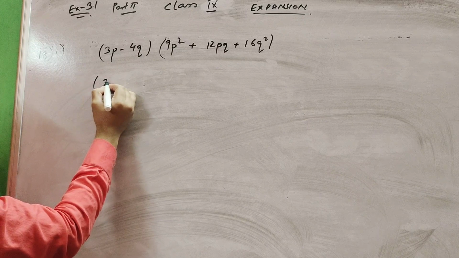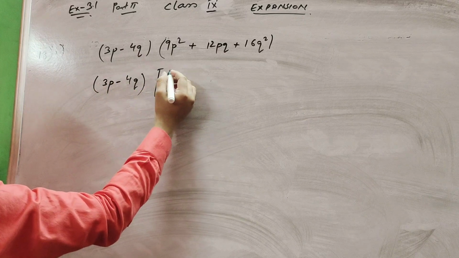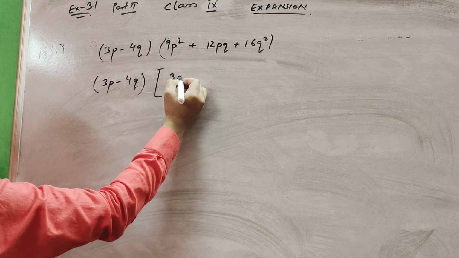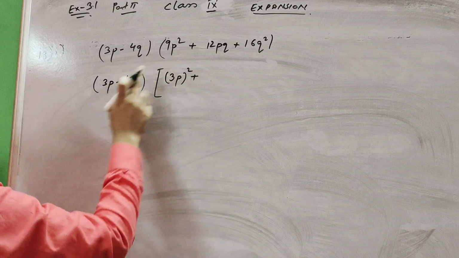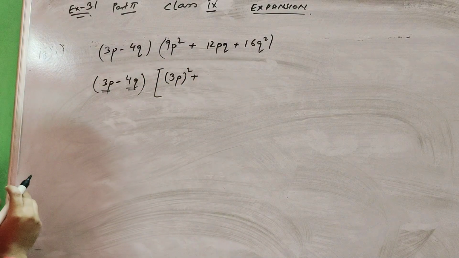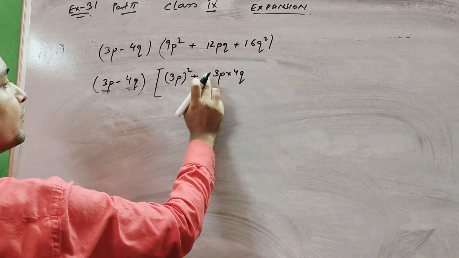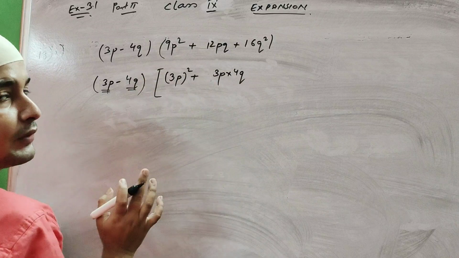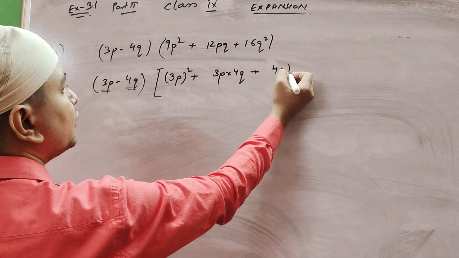So for 3p minus 4q, in place of 9p square you write 3p whole square, plus 12pq. In place of 12pq, write 3p and 4q. So 3p into 4q, 3 fours are 12, pq. That is 12pq. And 16q square is 4q whole square.